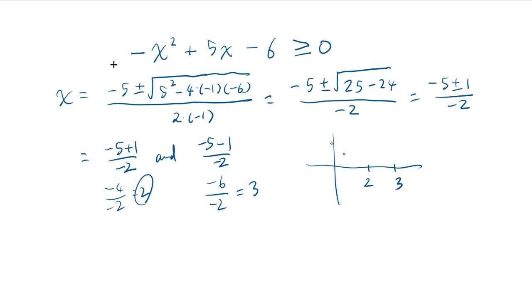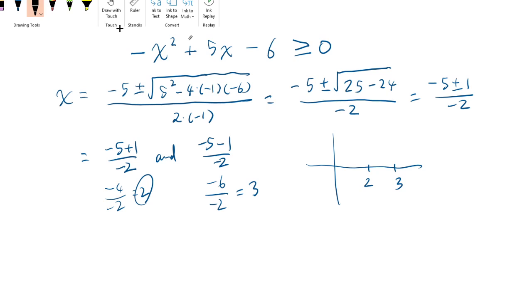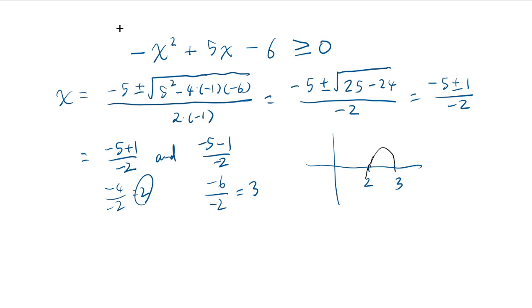2 and 3. Now, because a is negative, it's an upside down parabola, right? Or you can also just use the fact that negative 6 is the y-intercept, and for a parabola to pass through these 3 points, it must be upside down, right?